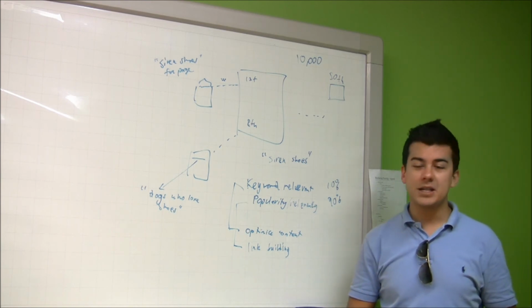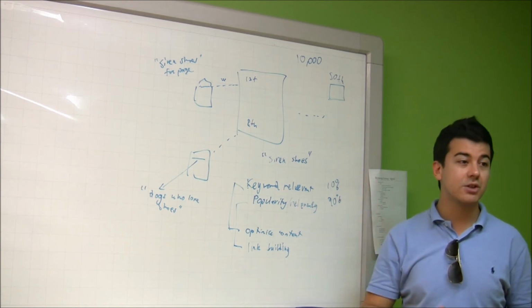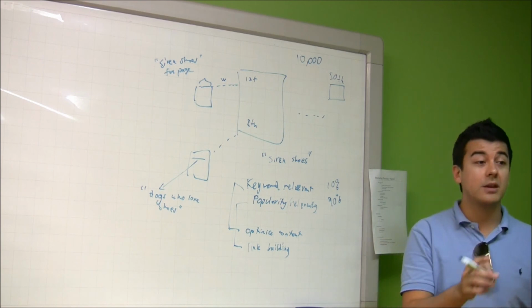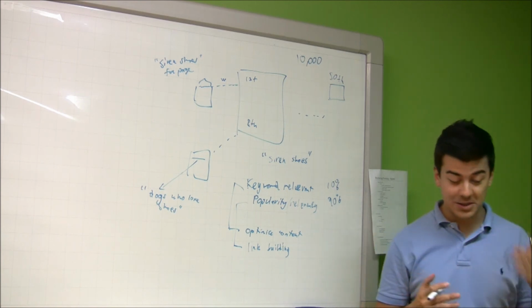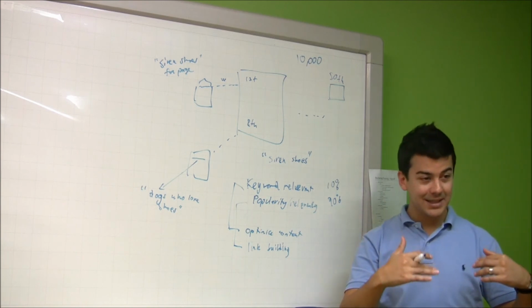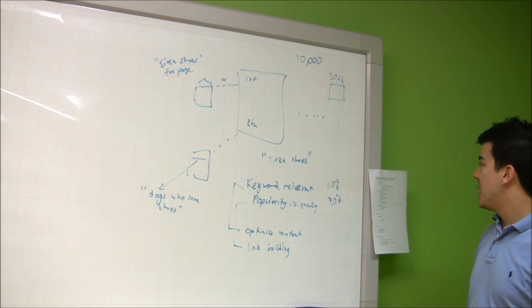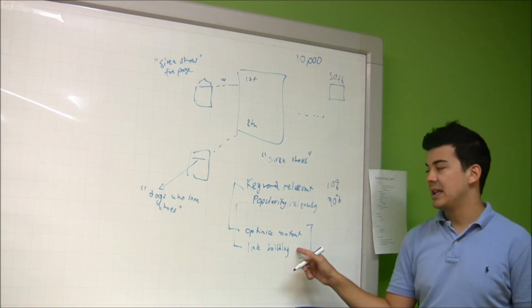It's not just about how many people you're popular with, how many people would say, yeah, she's great. It's also the people themselves. If popular people think you're popular, then you're more popular. It's also about the weight of their influence. And that is what SEO is all about: optimizing content and link building.